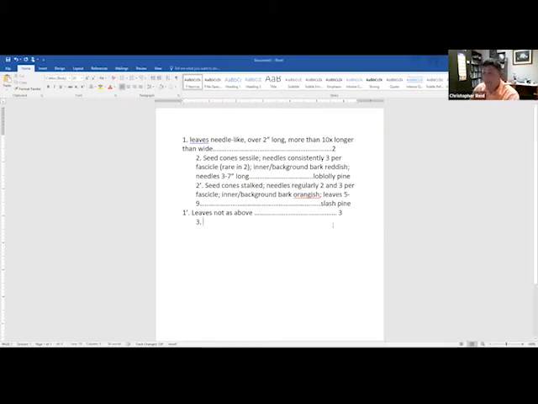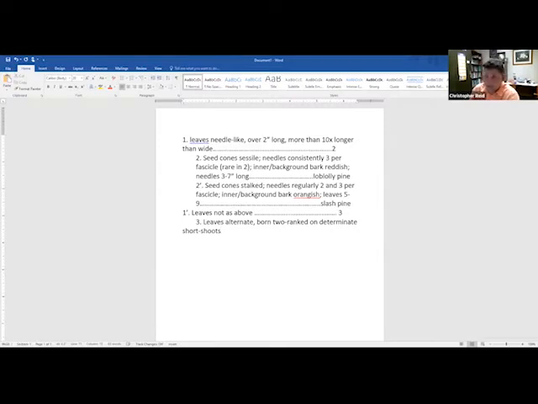We do have kind of an oddball here left in bald cypress. So leaves alternate, borne 2-ranked on determinate short shoots. So the short shoot itself is the feathery-like thing.